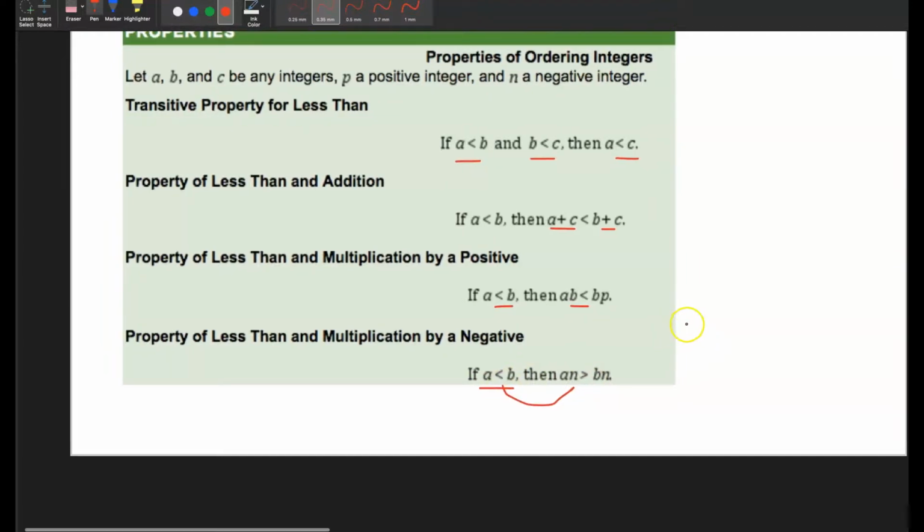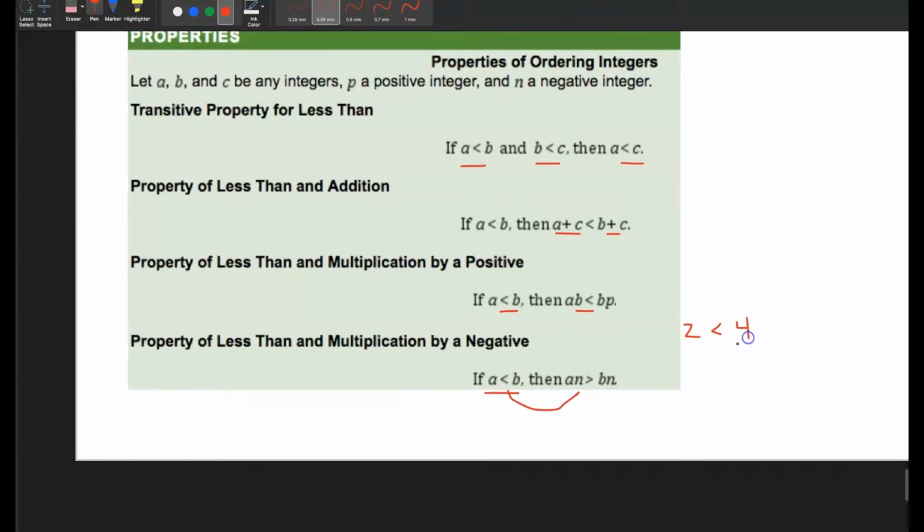And so, for example, we know 2 is smaller than 4. And then if I multiply both sides by -3, I get -6. If I multiply this by -3, I get -12.